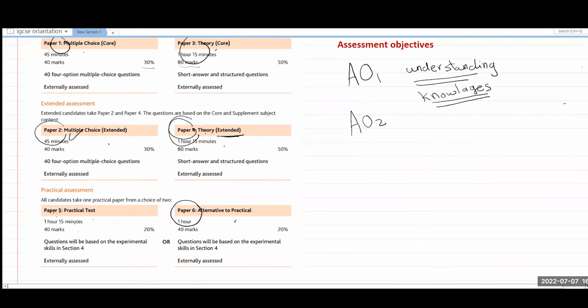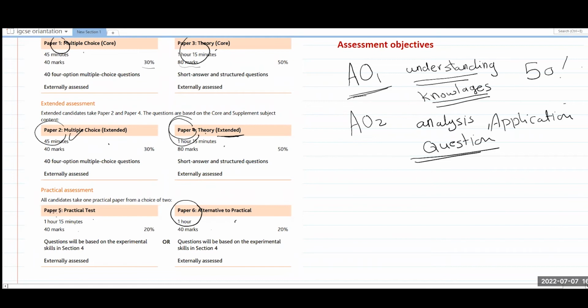For AO2, it's analysis and application questions. This type of questions, for the whole grading, it's 50%.